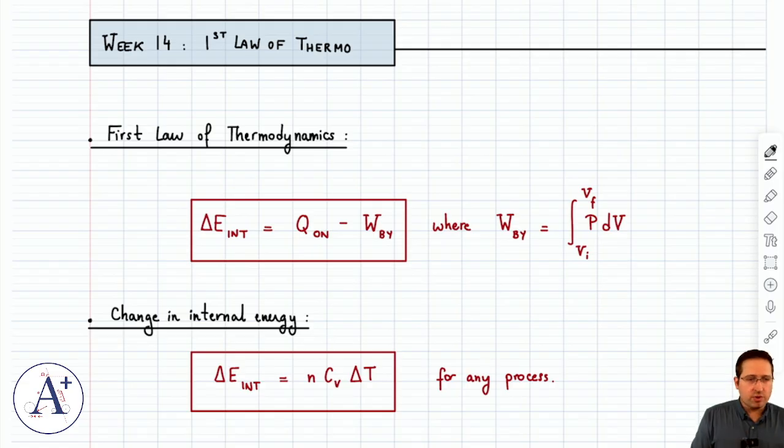But that's something important to keep in mind, because if you want to find delta E internal, you can always argue that it's nCv delta T. But you can also always argue that it's Q on minus work by. And therefore, if you were to compute Q on and subtract work by, you would actually also find this. It all is coherent and it ties, right?